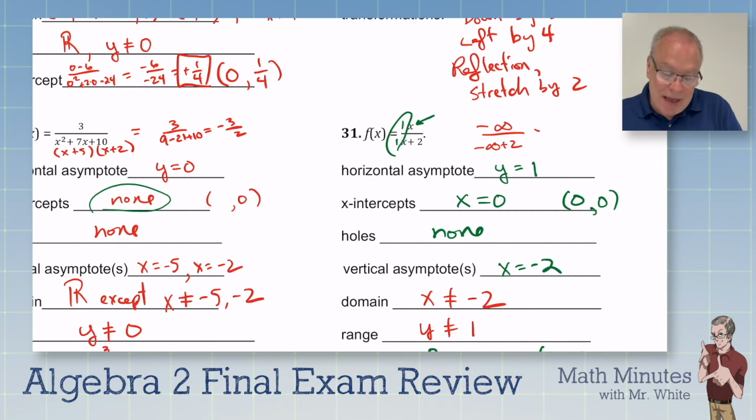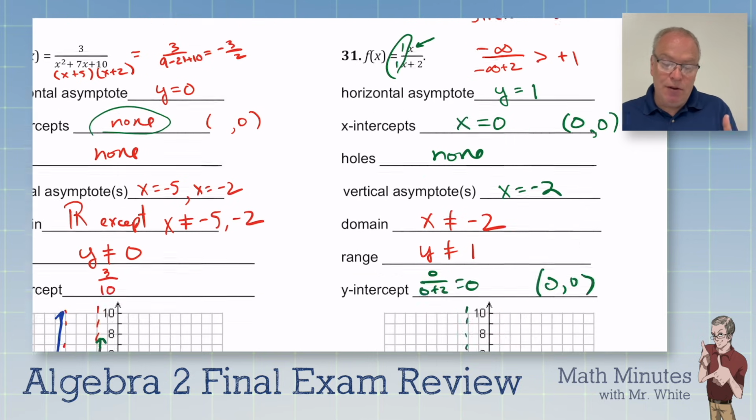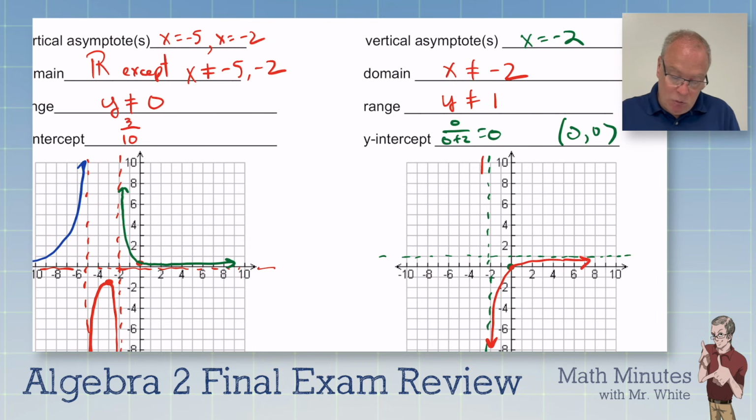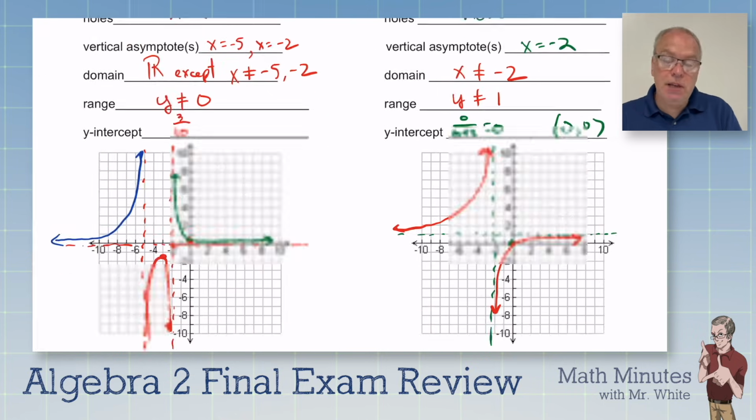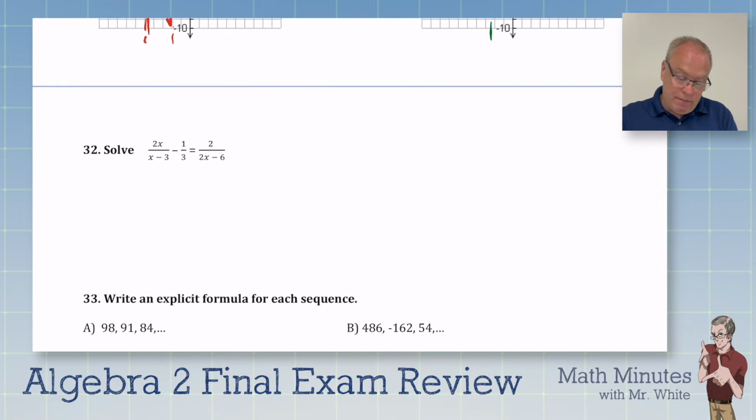That's a number that's bigger than 1, because the denominator is actually smaller than the numerator. So that tells me that it's up here. Maybe it would have been better if you'd plugged in -4, and then you get a value up here somewhere. Okay, so there's a rough sketch of the graph.